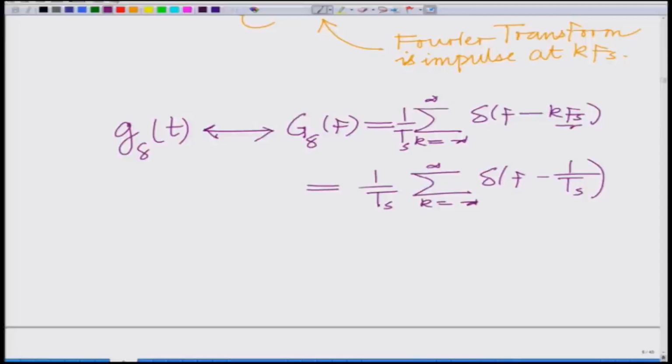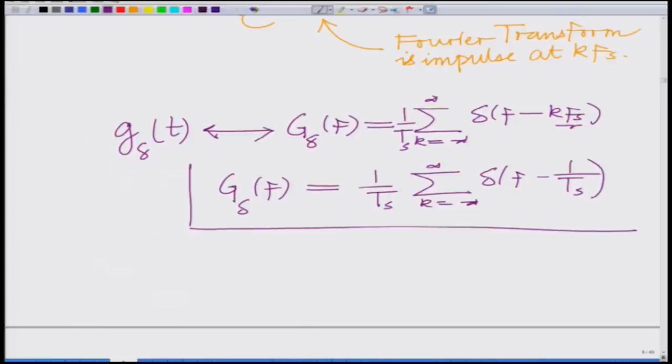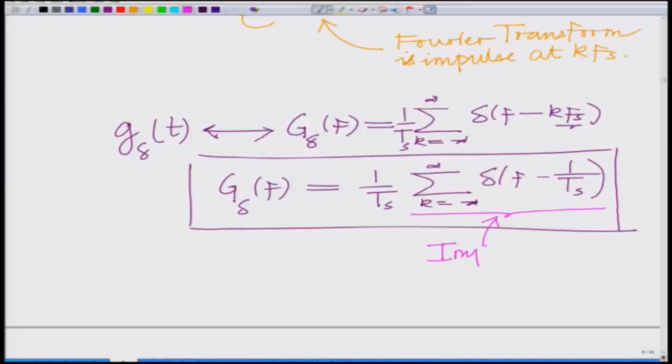And therefore, you can see something very interesting. If you look at this summation, except for the scaling factor of 1 over T s, it is basically another impulse train, a train of impulses in the frequency domain.